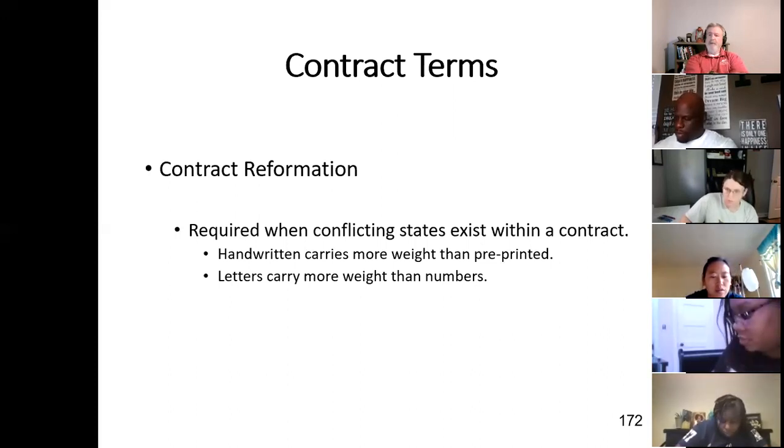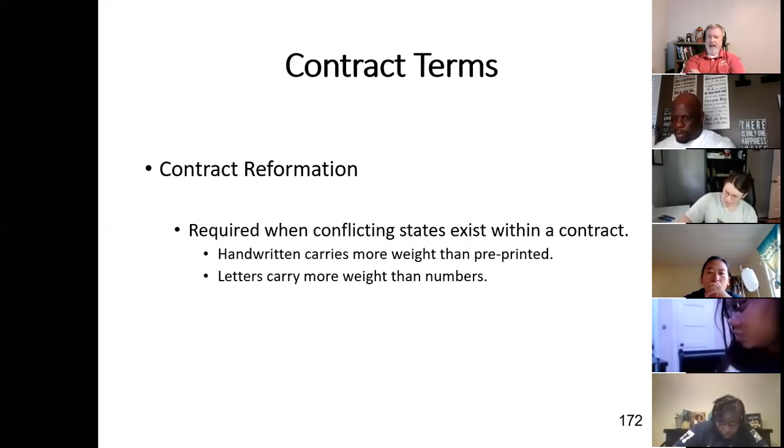Is it possible that in one area of this pre-printed contract, it already states one thing, and then you see where somebody, either the buyer, seller, one of the agents, whatever, goes in the contract and handwrites something that completely contradicts something already pre-printed somewhere else in the contract?